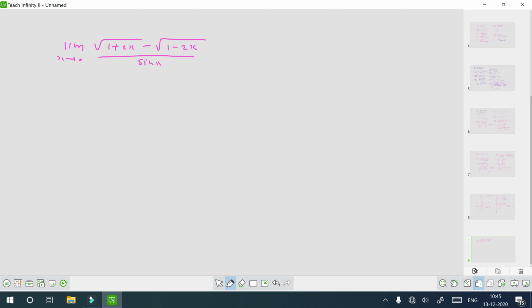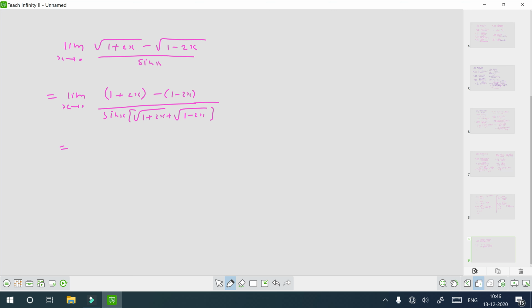See here, a very, very easy sum. Let us see how to solve it. That is equal to limit x tends to 0. If we rationalize it, what do you get? Over sin x into (root 1 plus 2x plus root 1 minus 2x). Agree with me? Yes.